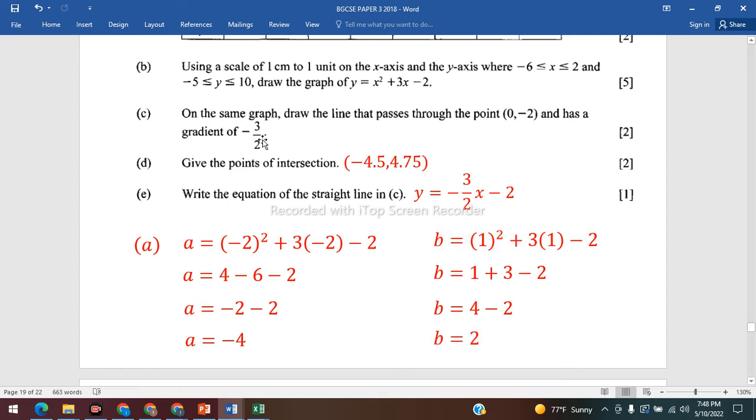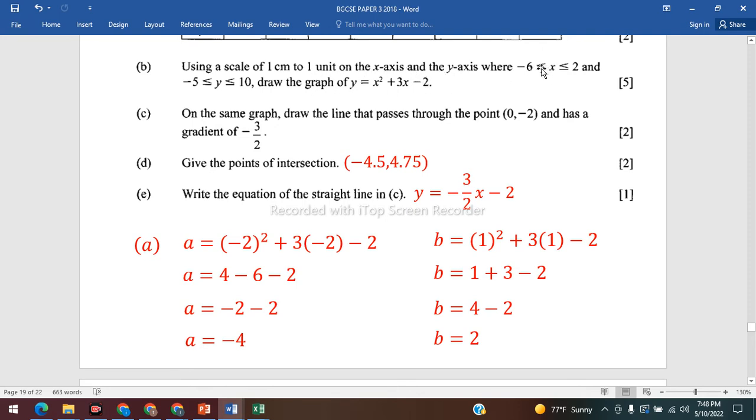All right, so the next thing says using a scale of 1 centimeter to 1 unit on the x-axis and the y-axis, where x is between negative 6 and 2, and y is between negative 5 and 10, draw the graph of y equals x squared plus 3x minus 2. So we have to graph this, right?